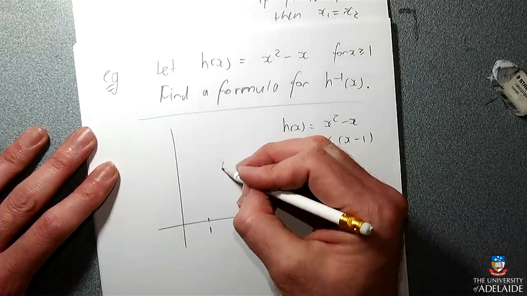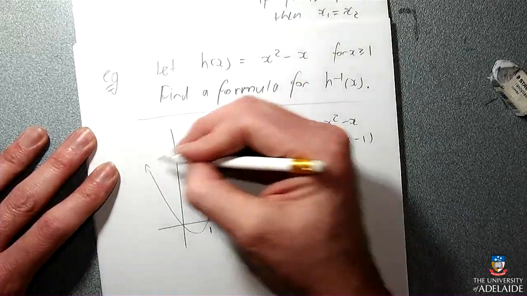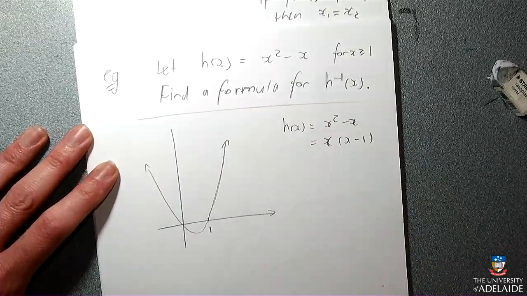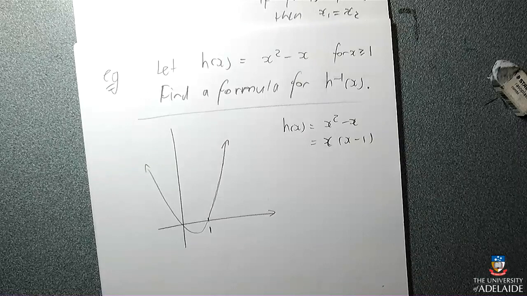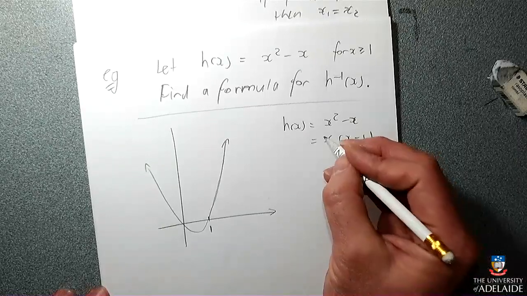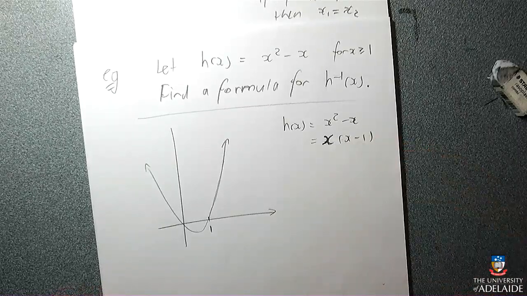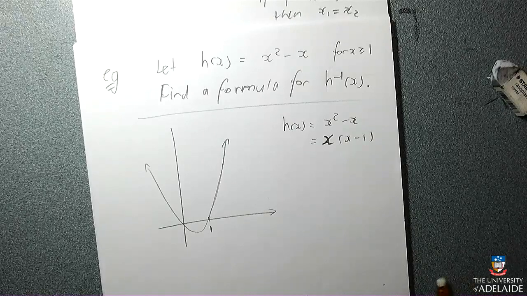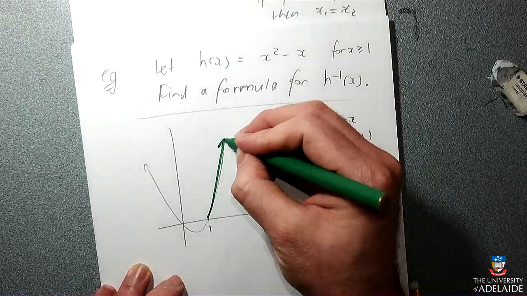So it's going like this. One of the things that they want you to get out of this course is to know the shapes of various graphs. So they're assuming you know how to do this. And so we just want this bit here, that bit there.